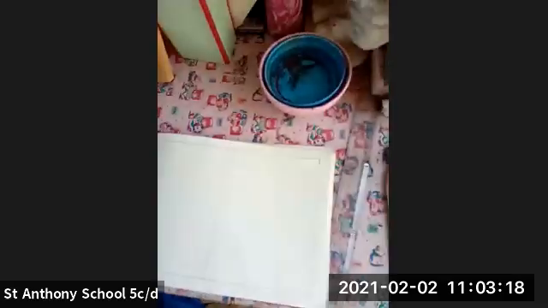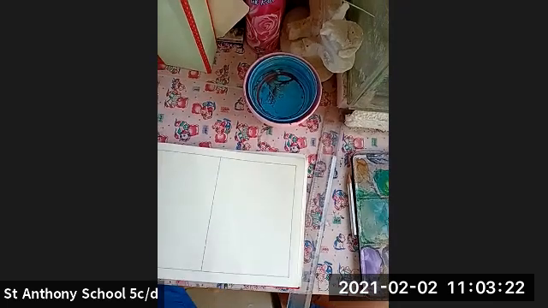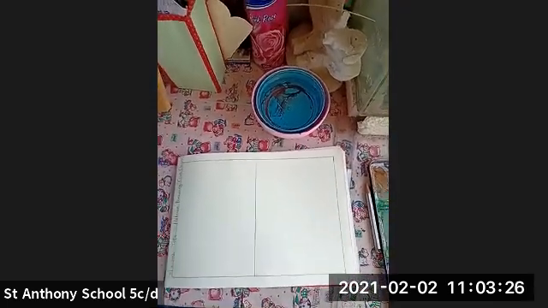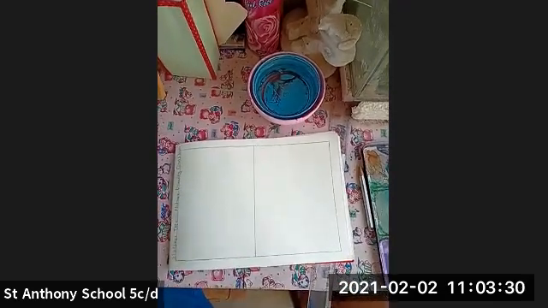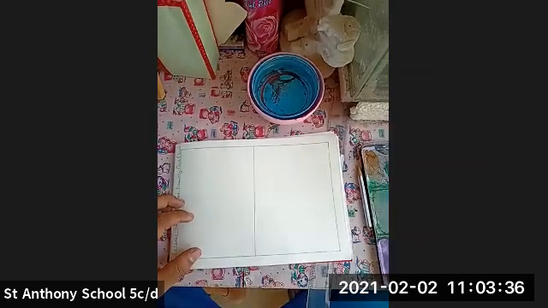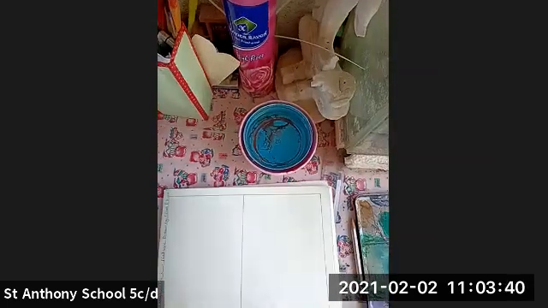I'll just turn the camera. Just look at this. This is how you're going to divide the page. Just a minute. I hope each and everyone can see this. Yes. Okay, so just look at this. This is your page.